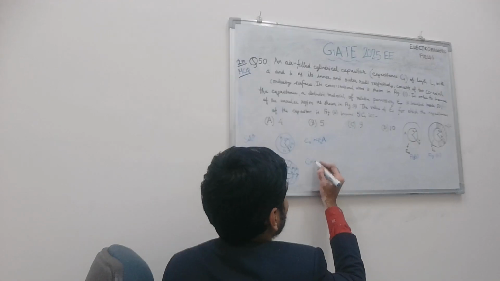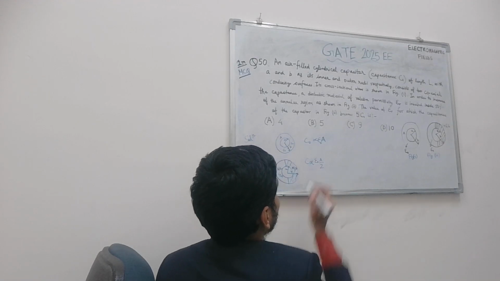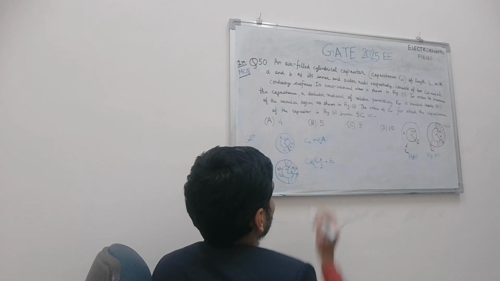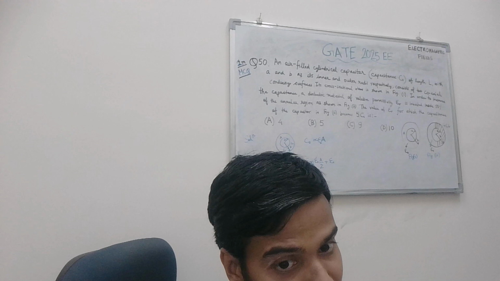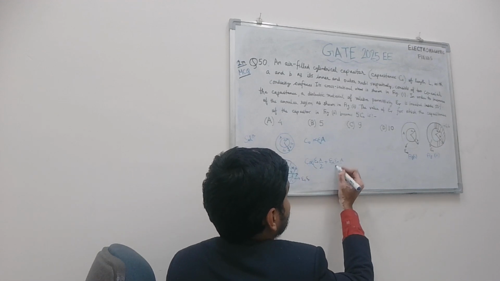This space is there. So it is proportional to epsilon naught A by 2 plus epsilon naught epsilon r for this part. The permittivity is epsilon naught epsilon r into A by 2.